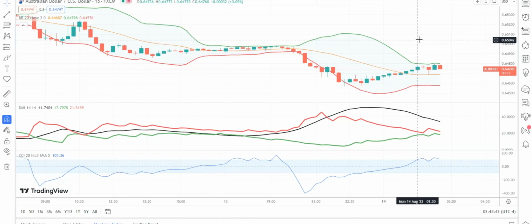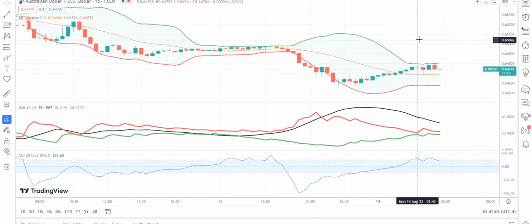We don't know if the Fed is looking to raise the interest rates or just do nothing and keep them higher for longer. If that's the case, then the US dollar should theoretically be stronger and stay somewhat bullish, which also means other currency pairs against the US dollar should drop.